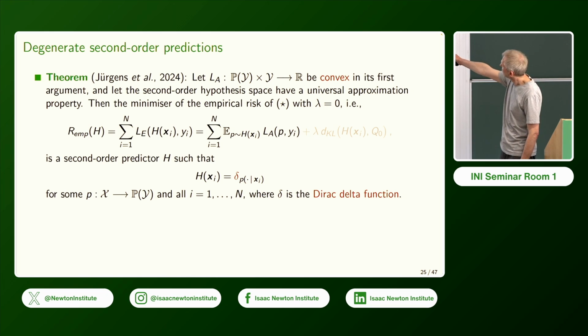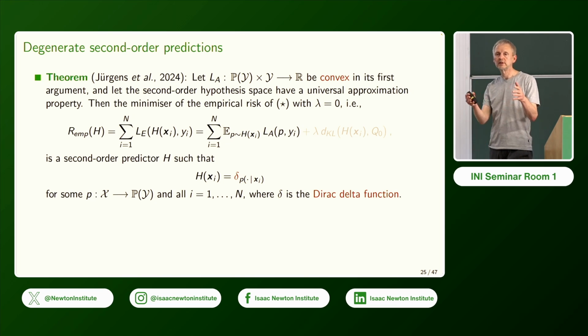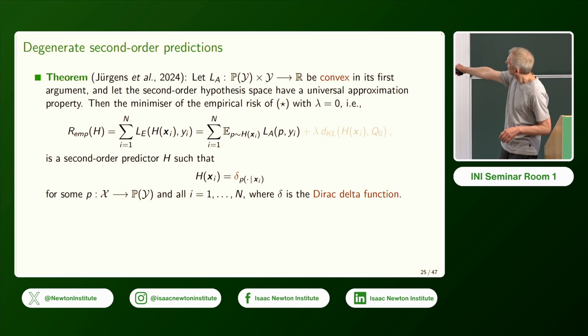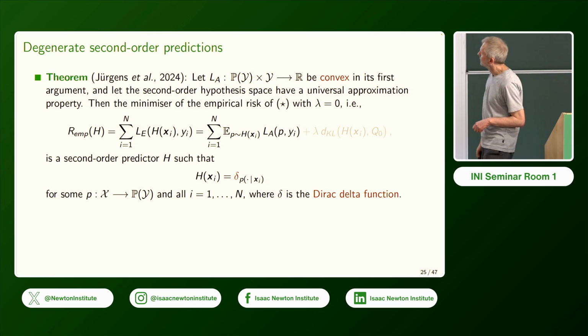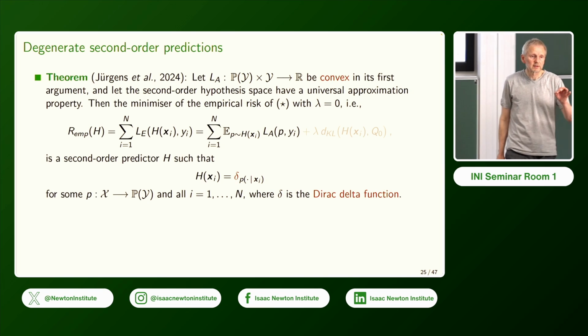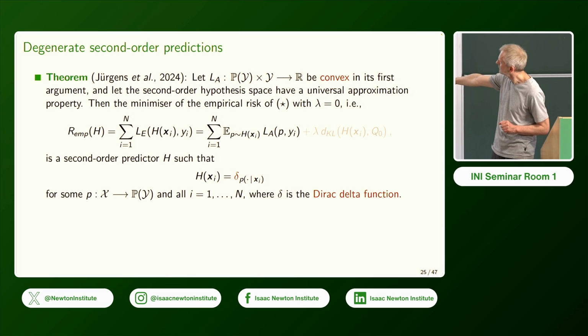If the first order loss is a convex loss, log loss, Brier score, whatever you want, and you lift it to the second order level by taking expectation with respect to Q, and you have a rich hypothesis space which has a universal approximation property like deep neural networks and so on, then you can show that the minimizer of this second order empirical risk, when you do not regularize, so you set lambda equal to 0, so this part here cancels out, the minimizer is a Dirac measure which is put on a first order distribution.